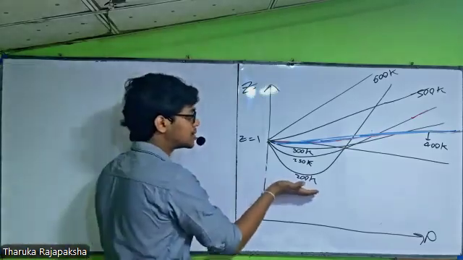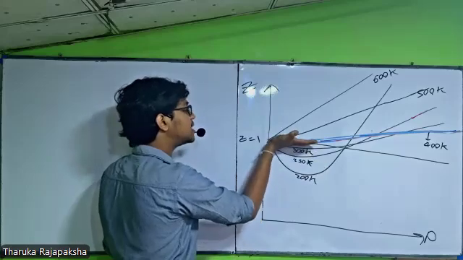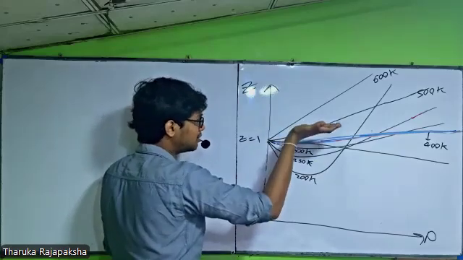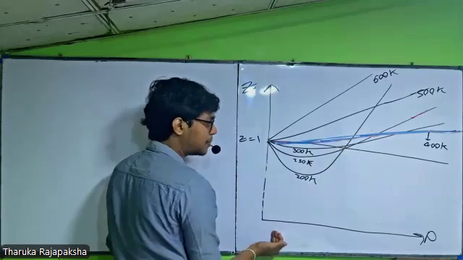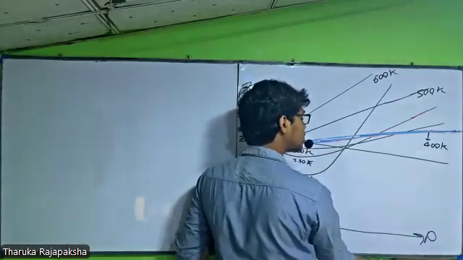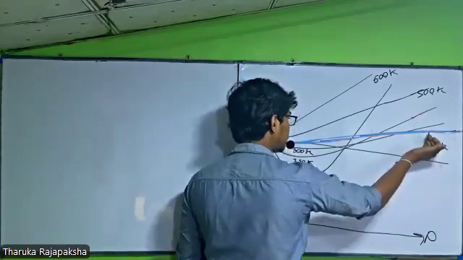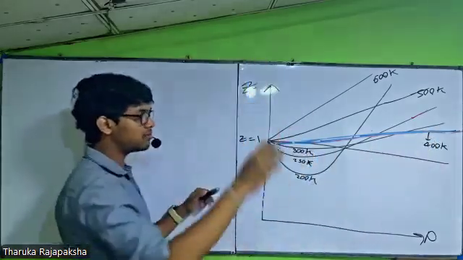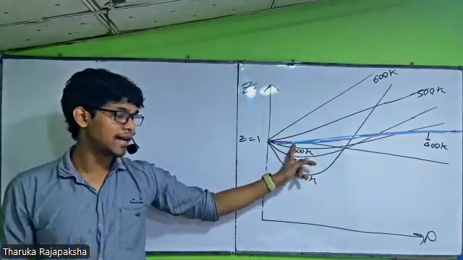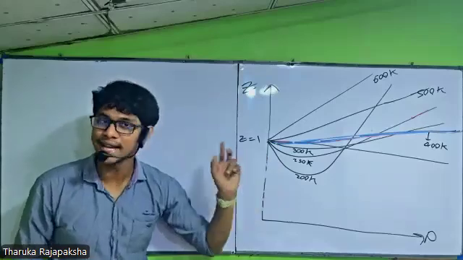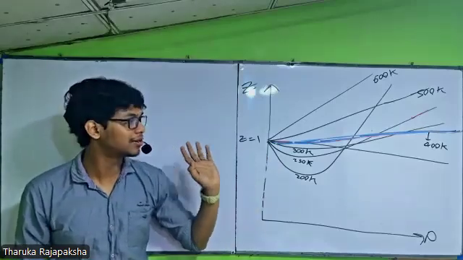You increase the temperature until this line goes to this blue one. But also look at the pressures. If the pressure is high, that means deviating from ideal behavior. If the pressure is low, then ideal gas behavior, but not exactly close.